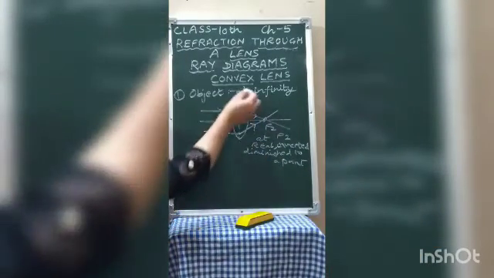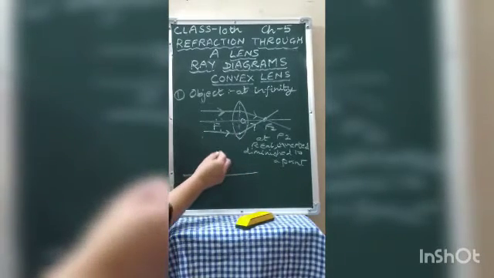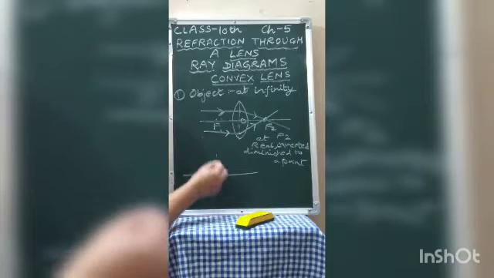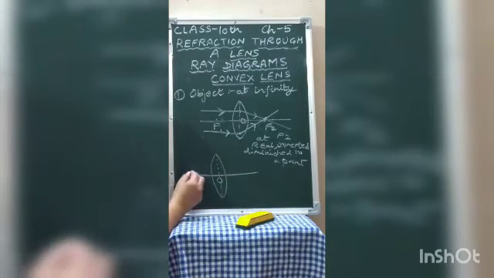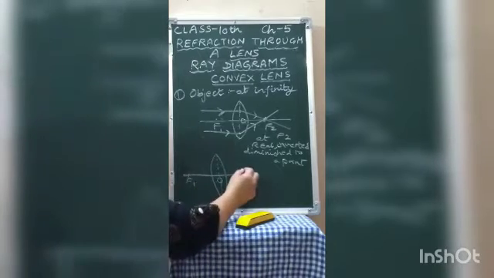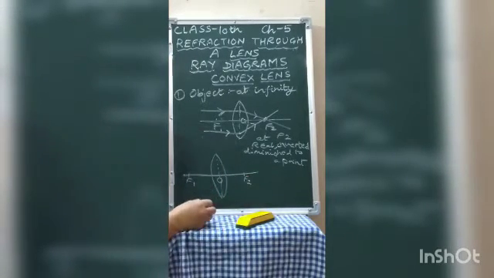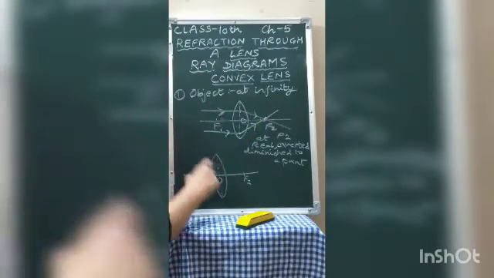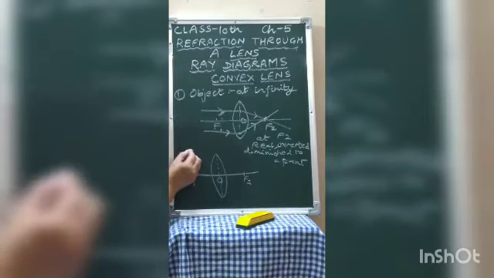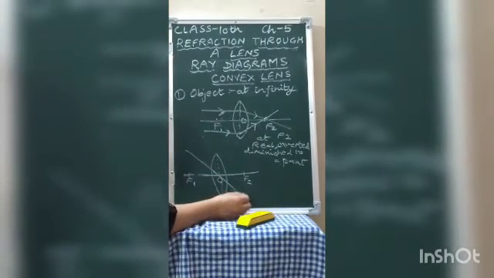Children, there is one more diagram if the object is at infinity. Same way, we will draw the principal axis, the vertical line, the shape of the lens, optic center, and label the focus equidistant from each other, F1 and F2. Now suppose the rays are parallel, but they are not parallel to the principal axis. They are oblique rays. The first ray, if it is passing through the optic center, will go undeviated.